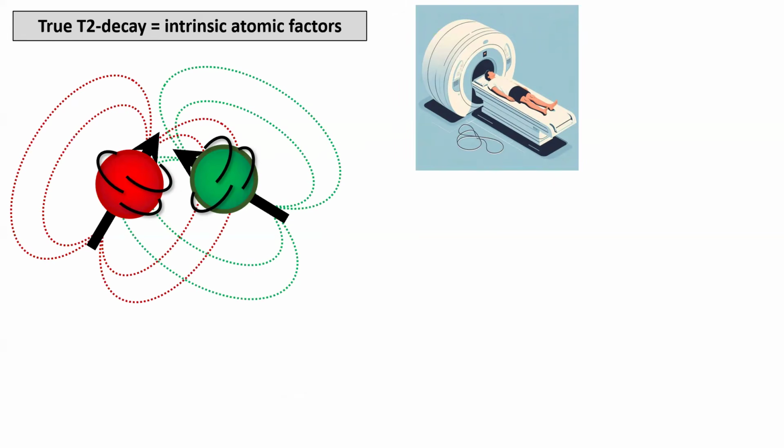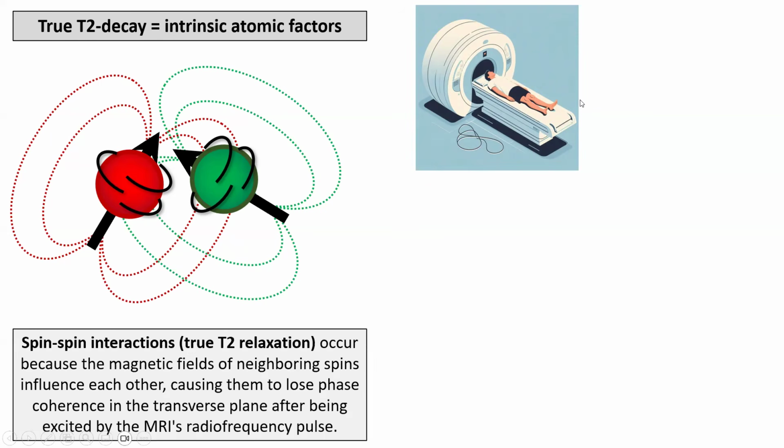What is causing protons originally precessing in phase to lose that phase coherence? We have true T2 decay, which is due to intrinsic factors, and we have extrinsic factors. Now, the intrinsic factor is the result of interactions between spins, so-called spin-spin interactions, and we also call that true T2 relaxation, which is irreversible.